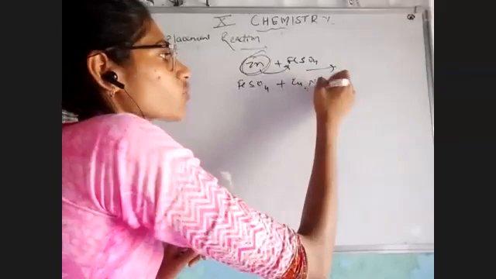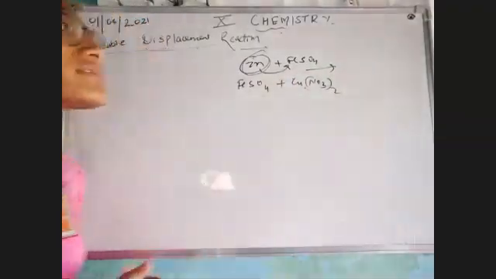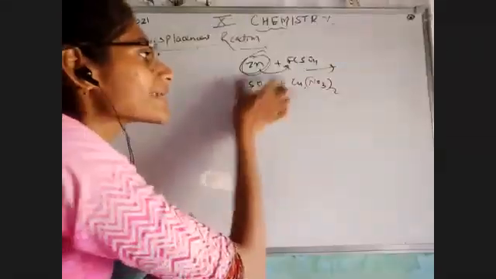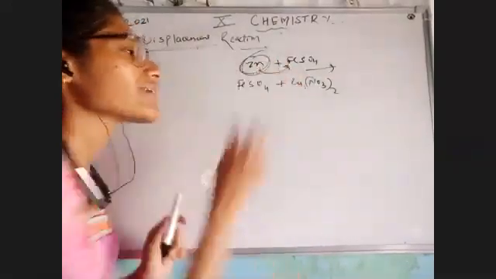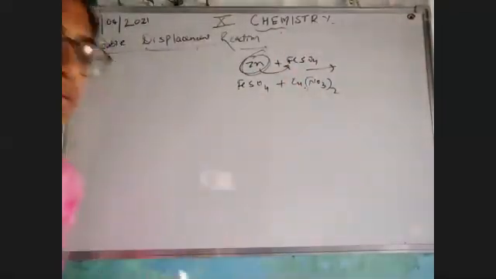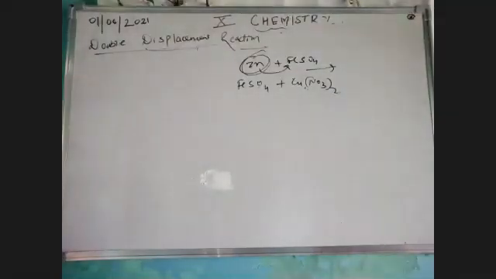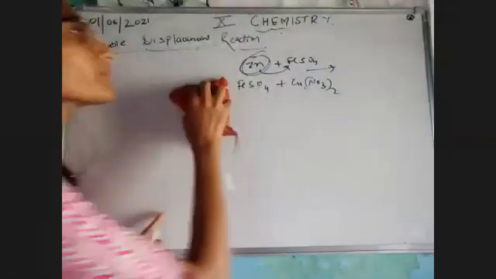Let's take copper nitrate. That means complete compounds would be given rather than a single metal. Okay, let me define this and give you some examples also. First of all, I'm taking a simple example that will clarify your concept.